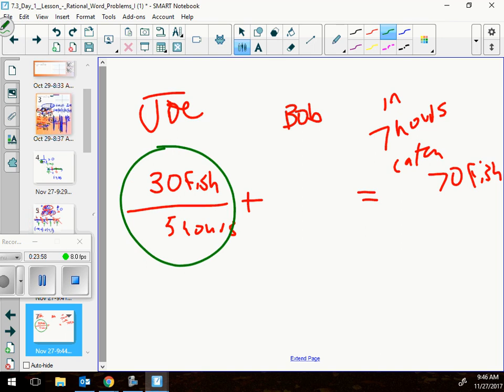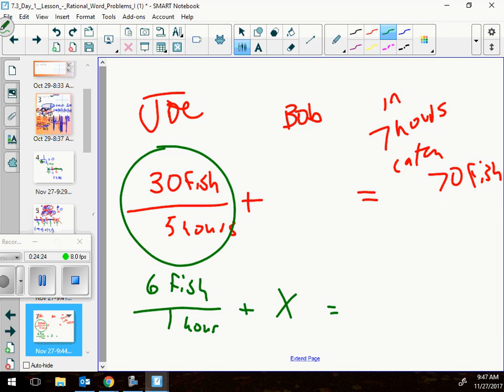Okay, 6 fish for 1 hour plus Bob's rate per hour, we don't know. I'm going to put an X there because I don't know what it is, so X is a reasonable variable to use, right? And that's fish per hour. What's nice about making it per 1 hour is then the denominators are all ones, right?